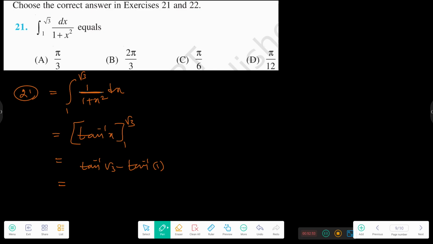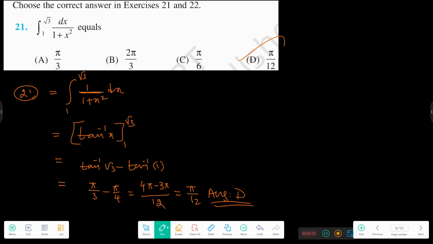For what angle will you get root 3? Pi divided by 3 minus pi divided by 4. When you cross multiply, 4 3s are 12, 4 pi minus 3 pi, which is equal to pi divided by 12. Answer? D. Answer D.